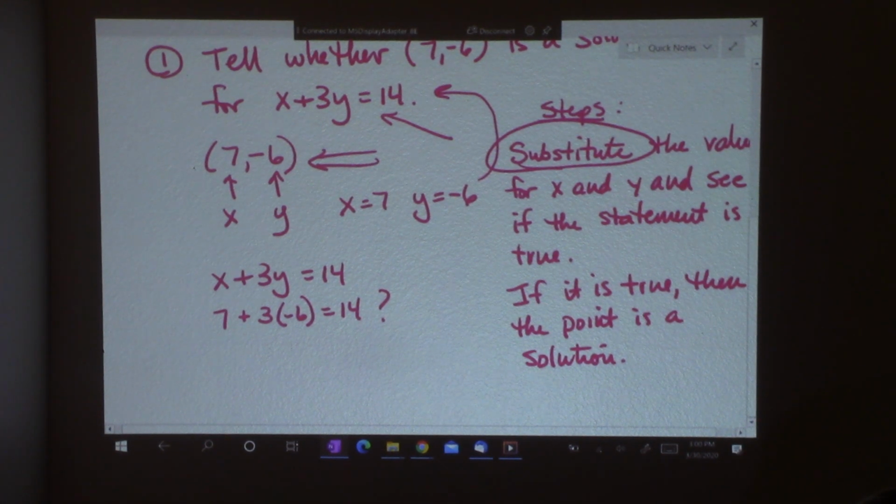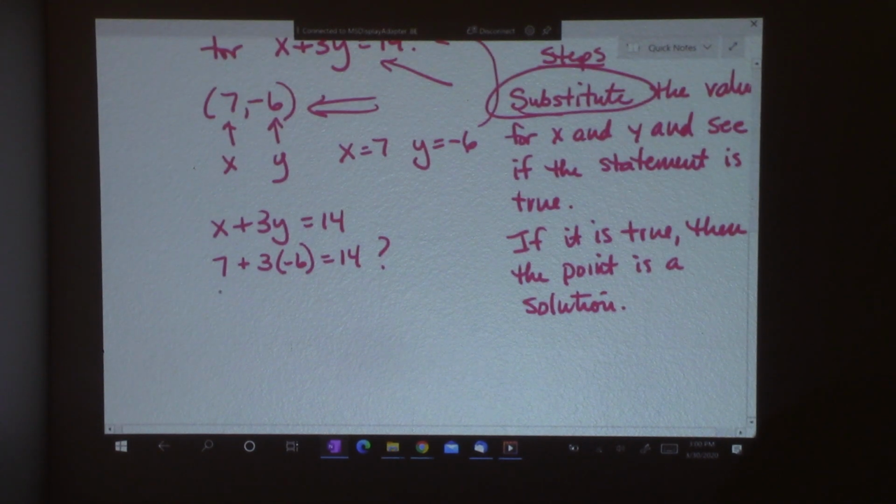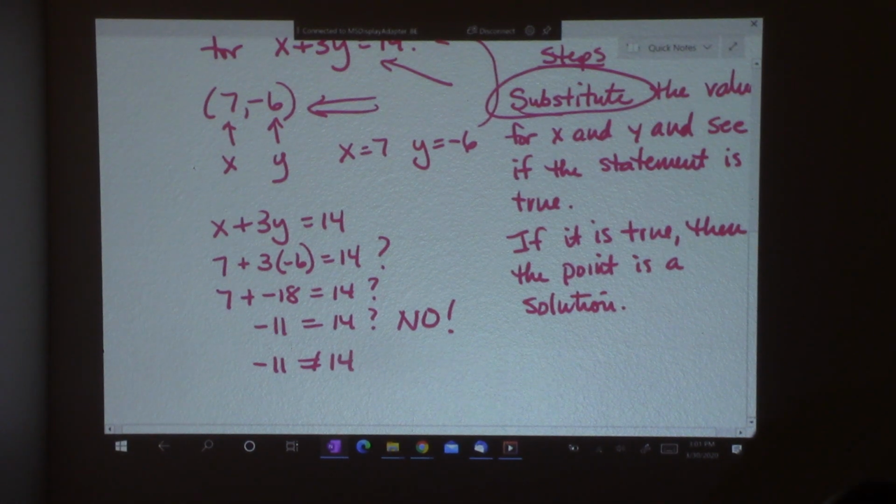Is that true? So let's work it out. 3 times -6 is -18. Does that equal 14? Well, let's combine 7 and -18. What do I get? I get -11. Is that equal to 14? No. It's not equal to 14. -11 does not equal 14.